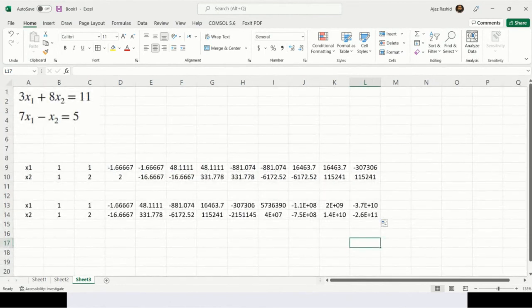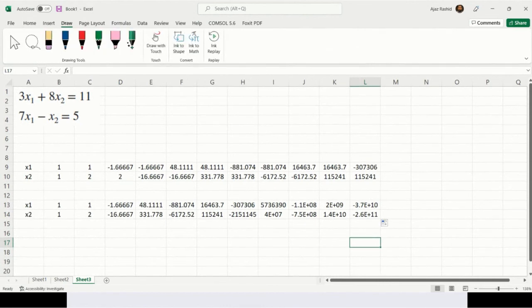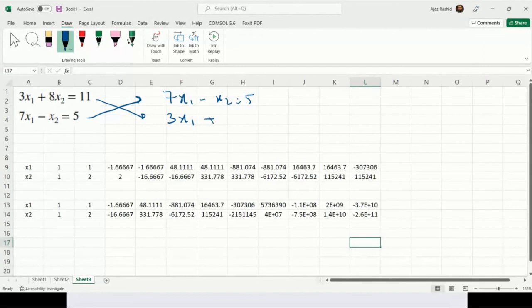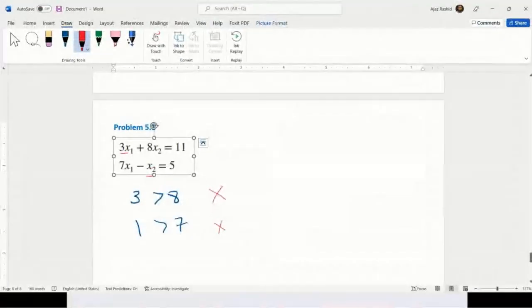Now we swap the order of the equations. We say 7x1 minus x2 equals 5 and 3x1 plus 8x2 equals 11. In this case, 7 is greater than 1 and 8 is greater than 3. So the criterion for diagonal dominance is satisfied.